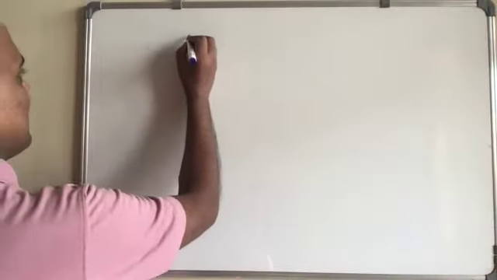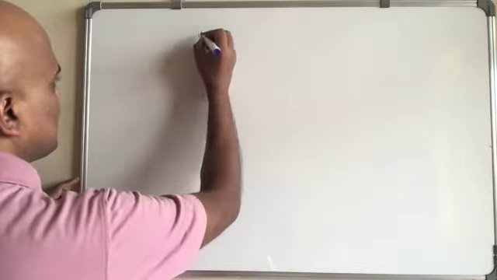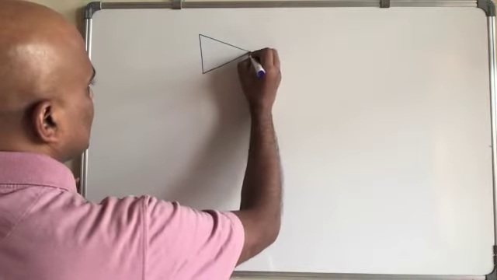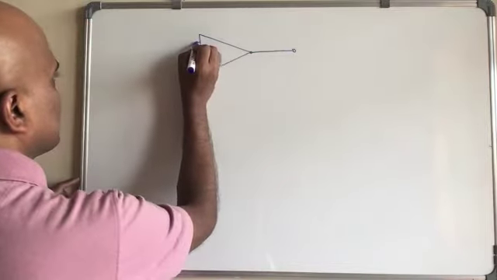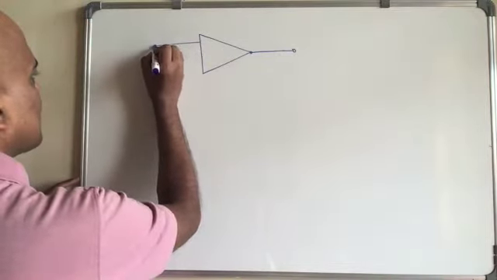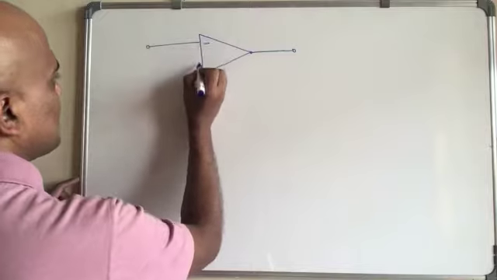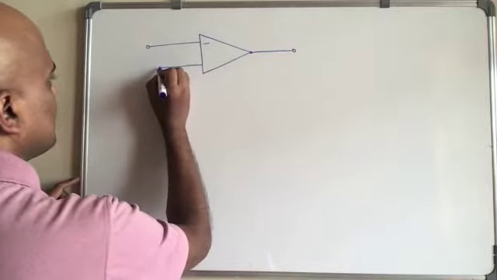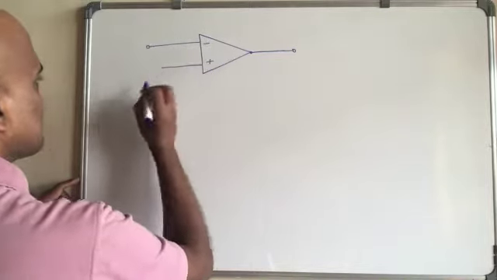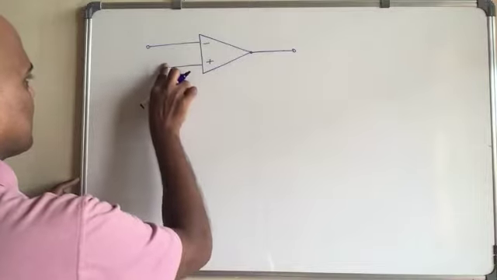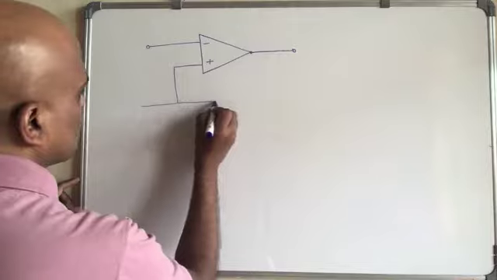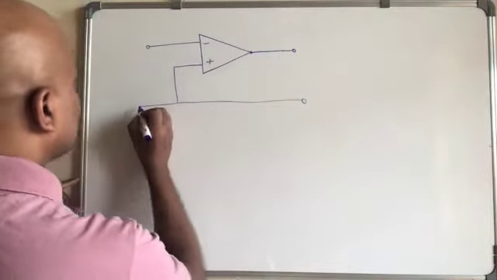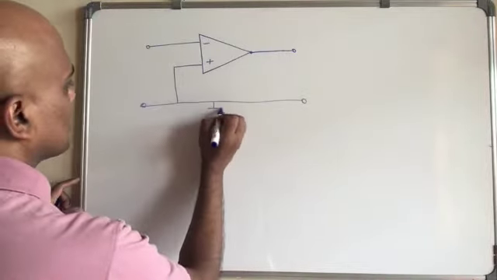Let's start with a circuit like this one. This is minus, and this is plus, and this one is attached to the ground or earth.